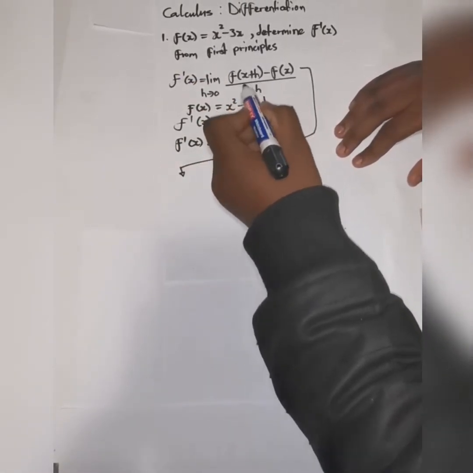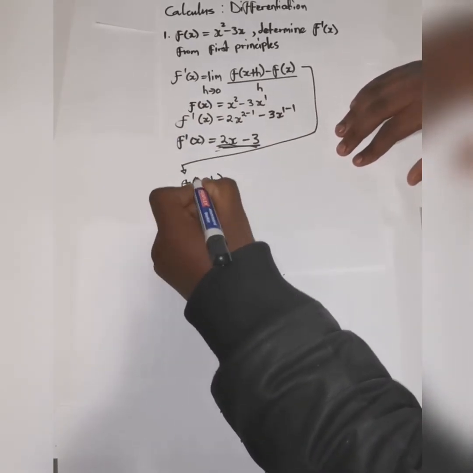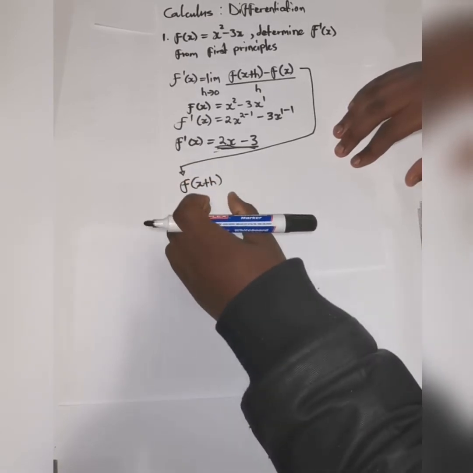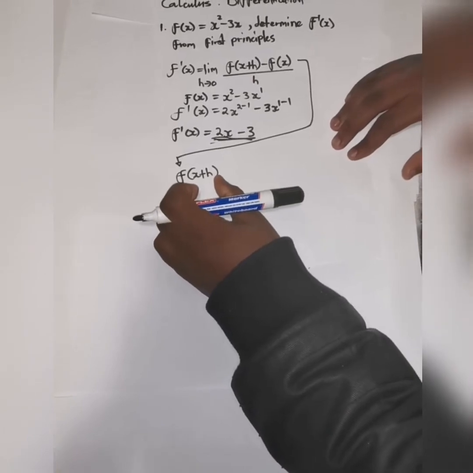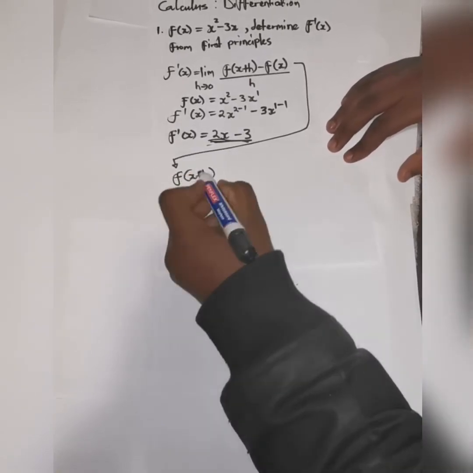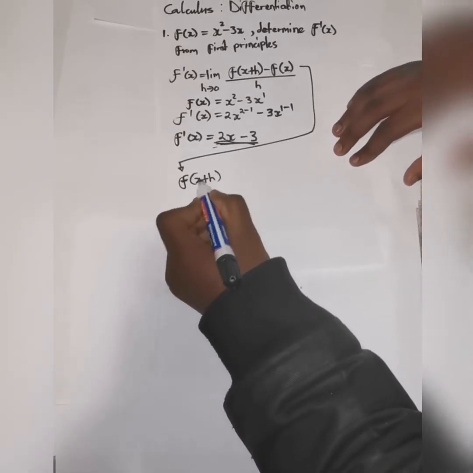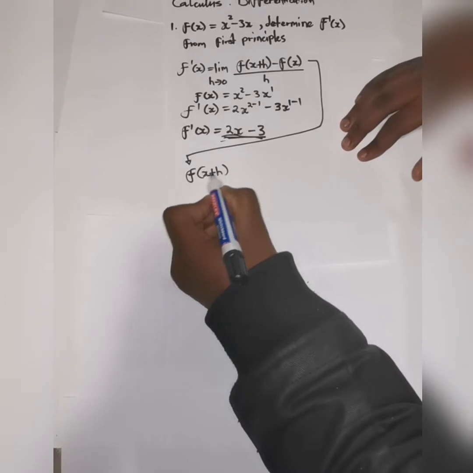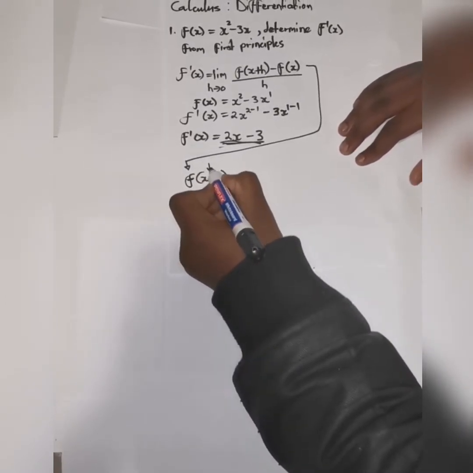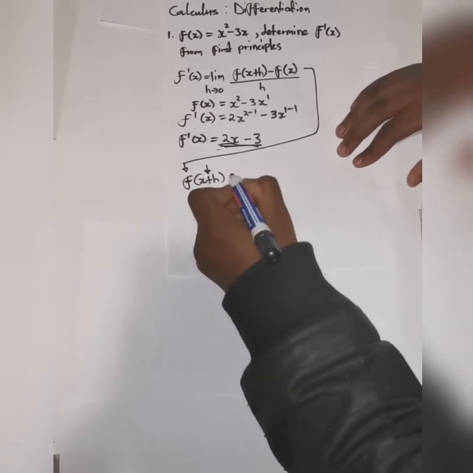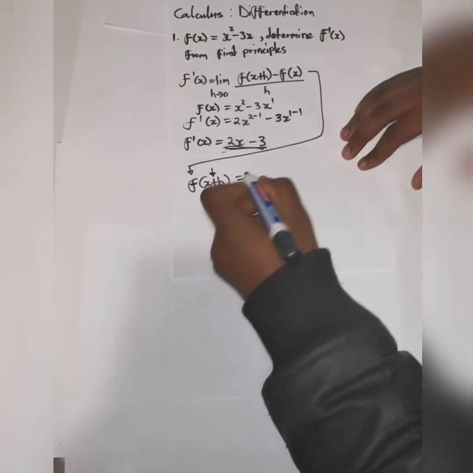We're going to calculate f(x plus h). I know sometimes people struggle to understand what the notation means. So this is f, and this represents the substitution part. This is what we substitute into the function. So this means that at x we're going to substitute in x plus h.